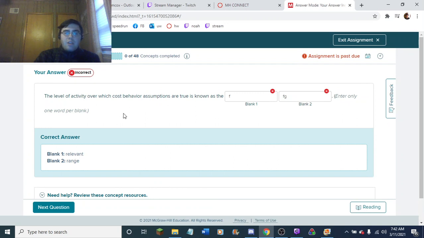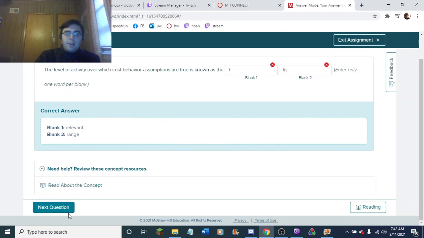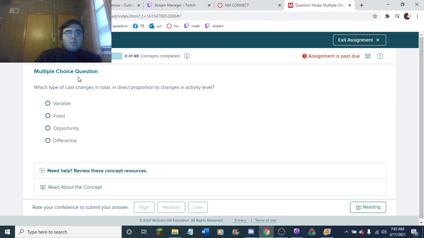It's relevant range. Okay. The level of activity over which cost behavior assumptions are true is known as the relevant range. Okay, I would not have known that. This is something we're going to need to memorize.